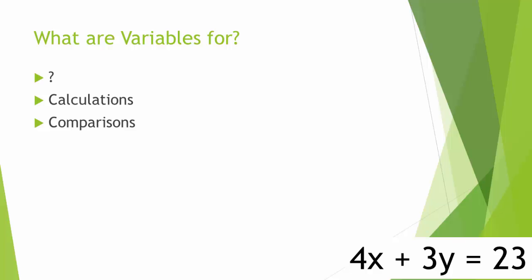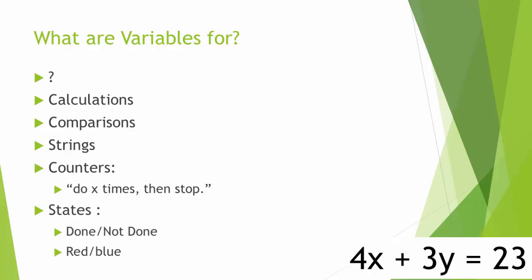We need variables to be able to compare one thing to another, to decide if one thing is larger than another, for example. We need to be able to store sets of characters called strings and then output these as needed. We need them very commonly to use to keep account of the number of times we've done something.